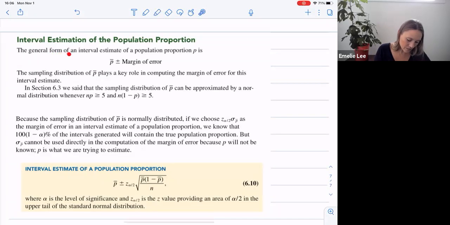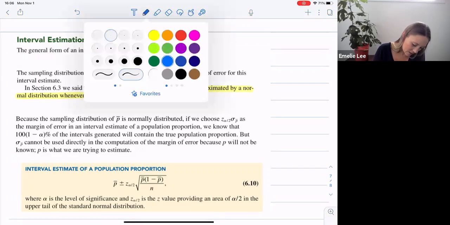So what we're going to have is our best guess at the population proportion, which is our p-bar. And then we're going to have plus minus some margin of error, right? What is that margin of error? Well, of course, we have to assume that p-bar follows a normal distribution, so we have to check that. The sampling distribution can be approximated by a normal distribution whenever n times p is greater than or equal to 5 and n times 1 minus p is greater than or equal to 5, right?